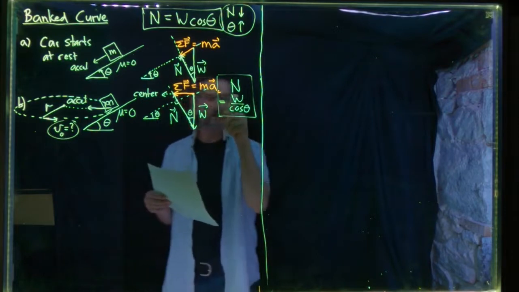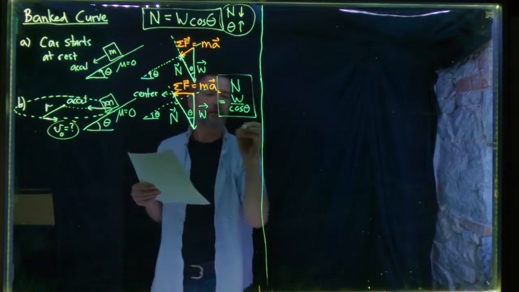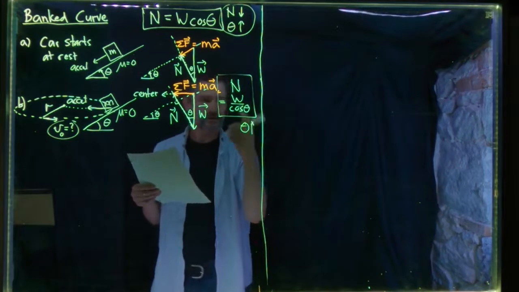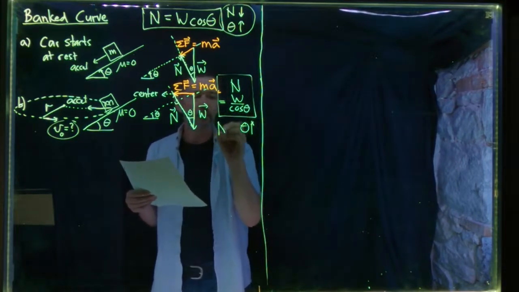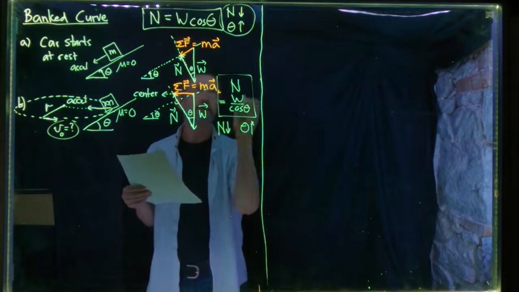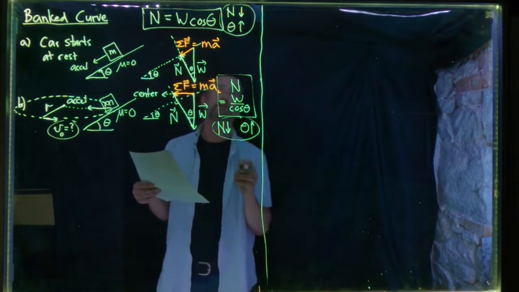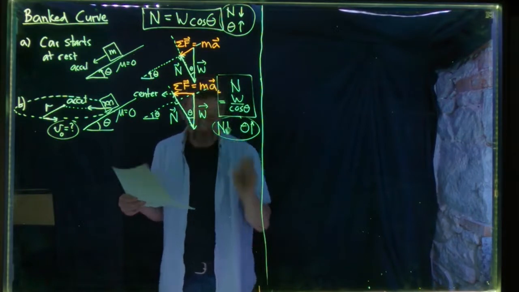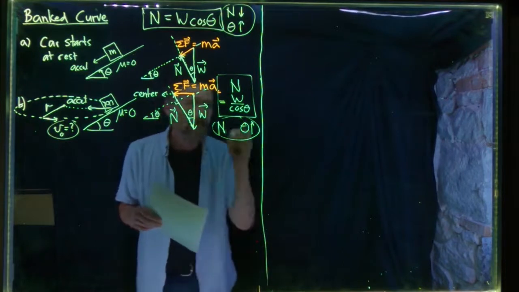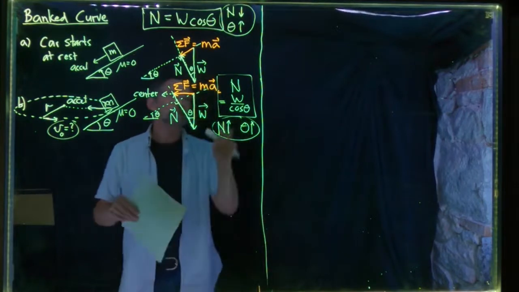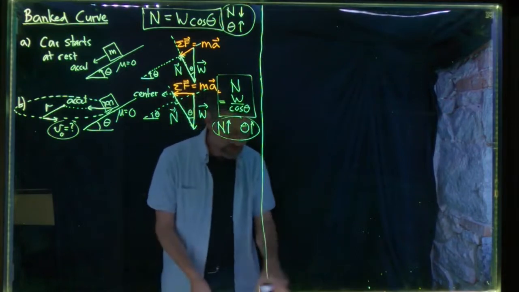In this case, what you notice is that when the angle theta increases, then the magnitude of the normal force decreases. It is the opposite behavior. Sorry, I said that wrong. Increases. When theta is equal to 0, then the normal force is just equal to the weight, exactly the same as before.